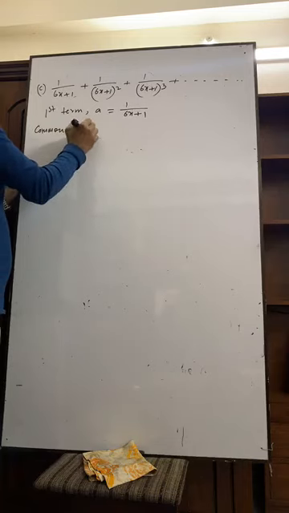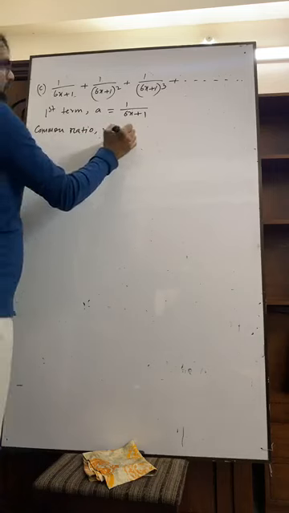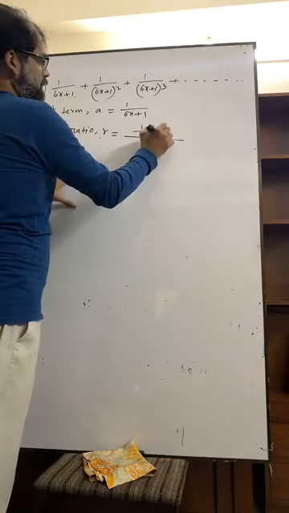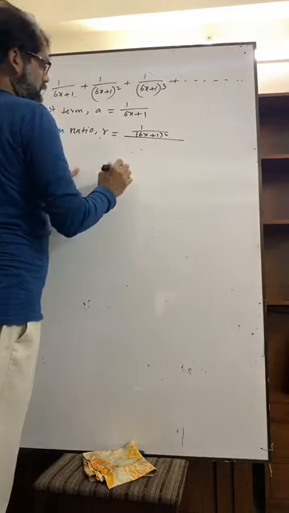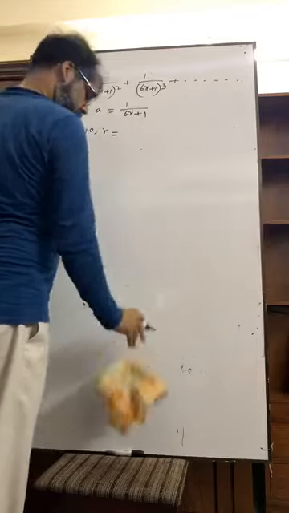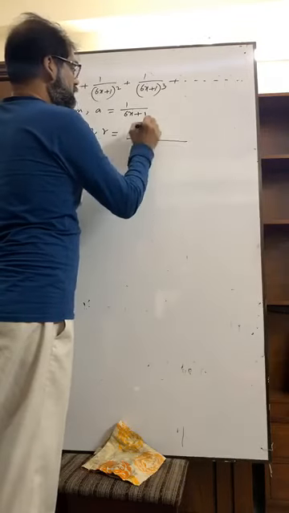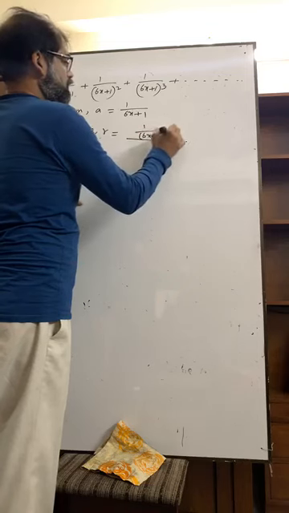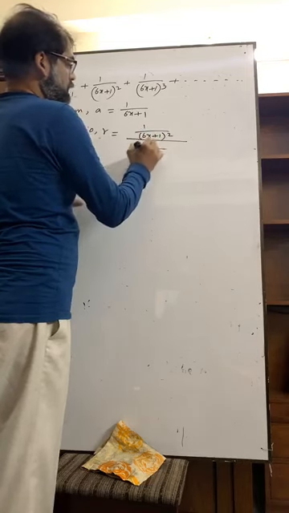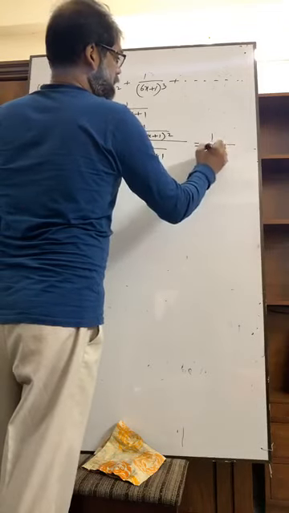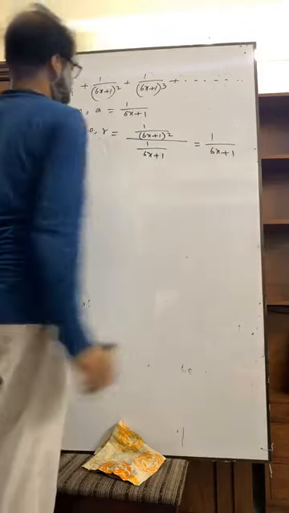Common ratio r is equal to 1 by (6x plus 1) whole square divided by 1 by 6x plus 1, which is equal to 1 by 6x plus 1.